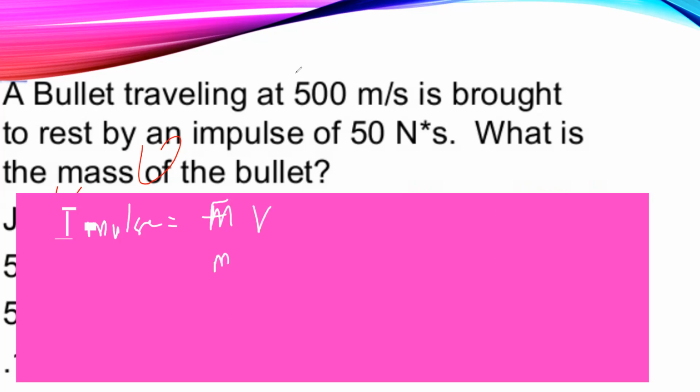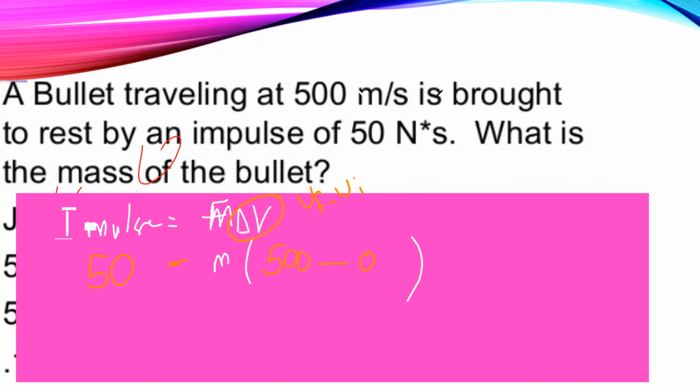Now, a bullet traveling at 500 is brought to rest. So for the v, as we know before, we have v final and v initial. Delta v is v final minus v initial. What is the v final here? It is traveling at 500 and brought to rest. So we have a change which will be 500 minus 0, and impulse is 50.